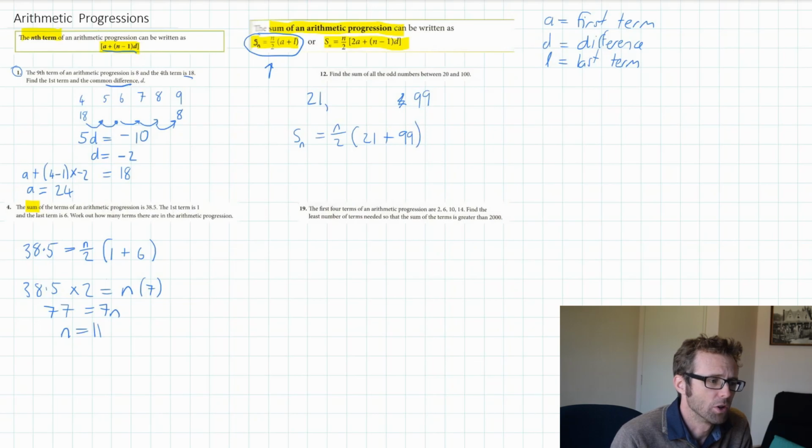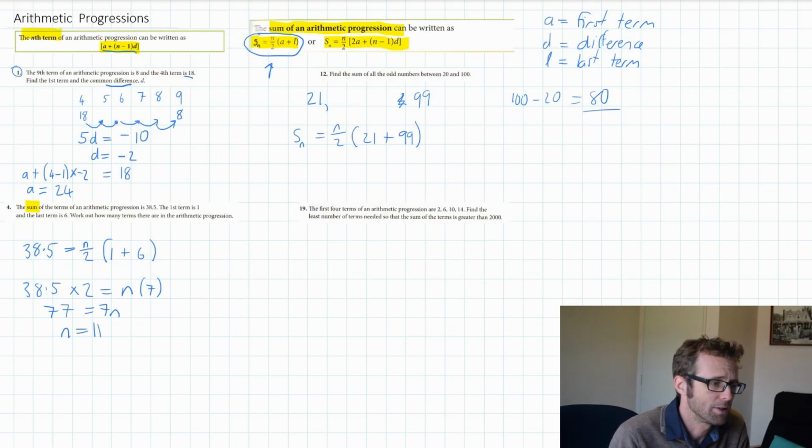Well, all we need to do is figure out how many odd numbers there are between 21 and including 99. So you could go 100 minus 20, and that gives you 80. And so obviously half of those are going to be odd numbers. So I'm going to say N is 40.